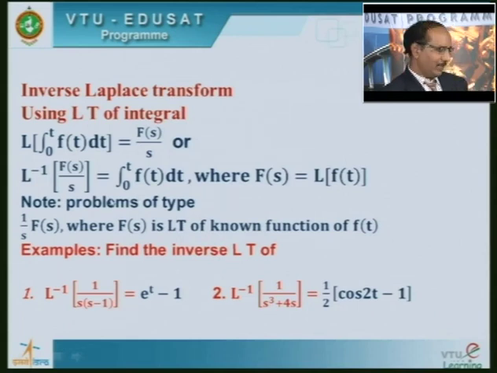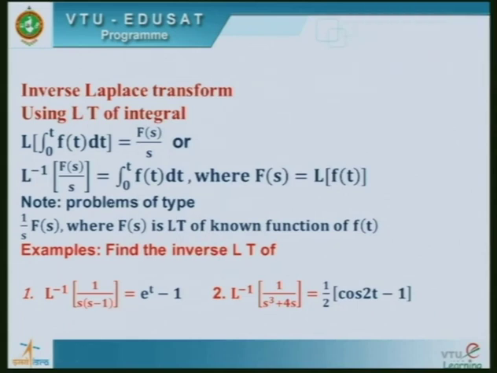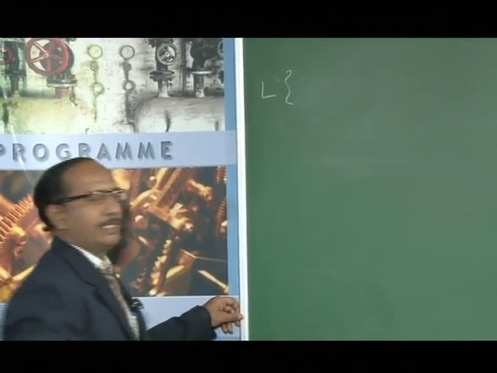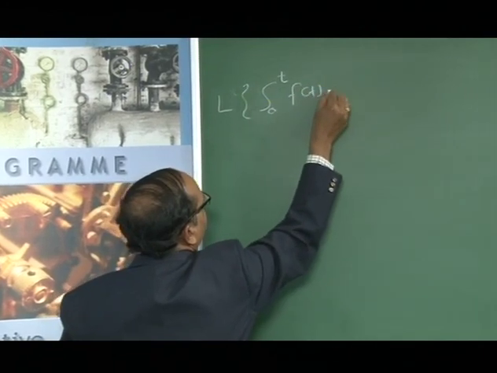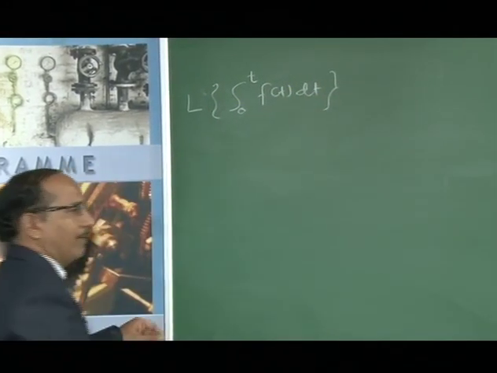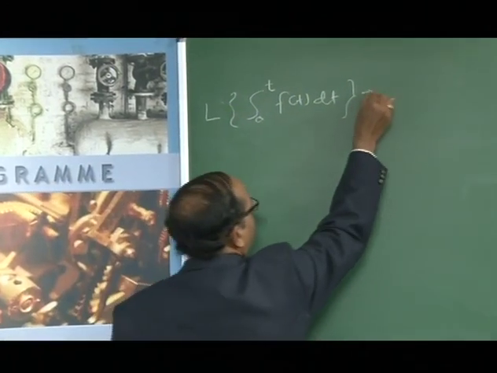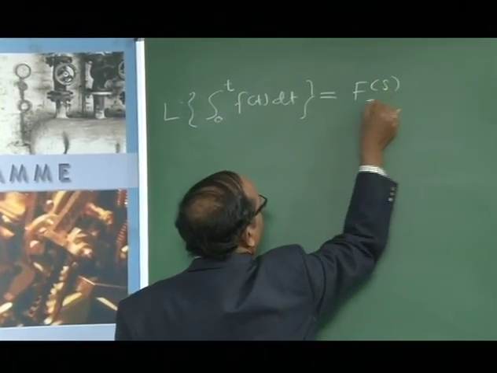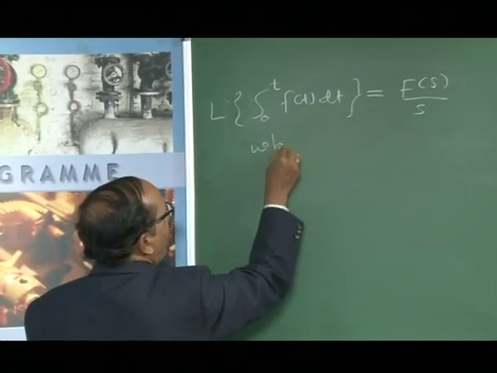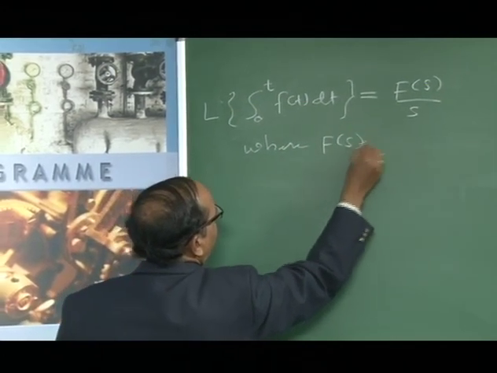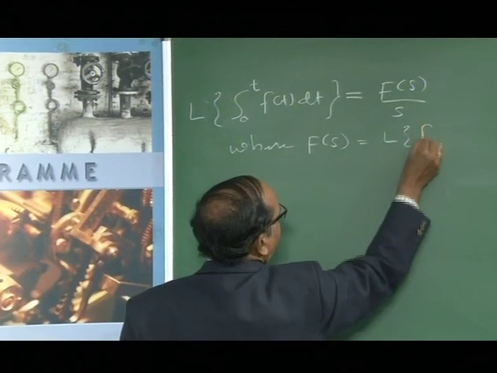We already know the Laplace transform of integrals from the chapter Laplace transform; another teacher already taught about the Laplace transform of integral functions. For the integral from 0 to t of f of t dt, the Laplace transform of the integral is equal to F of s divided by s, where F of s is the Laplace transform of f of t.